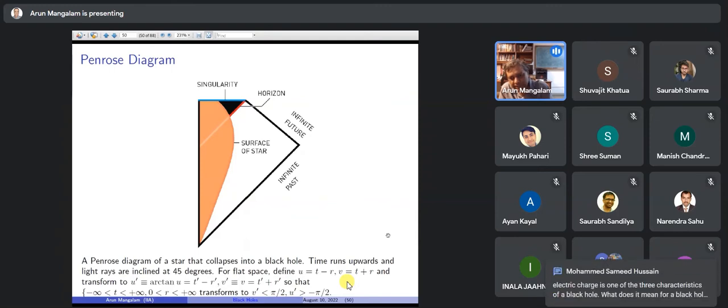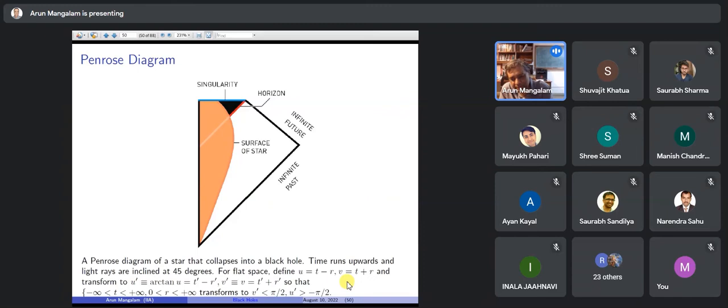This is the same diagram which can be converted to the form shown here. So you can make a finite diagram, with R and T going to infinity, by writing it as T minus R and T plus R, and taking an arctan of that, so that your infinities are converted to minus pi by 2 to plus pi by 2. And then there's a very neat diagram, you can study the collapse, right?